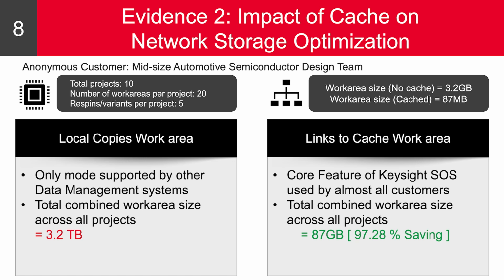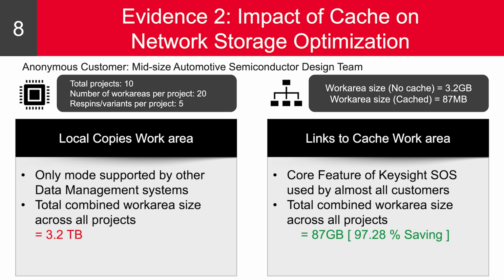This is a mid-size automotive semiconductor design team. It's actually one of our customers in Europe, and this is across this particular design team. They have at any point of time working on 10 projects, and total number of work areas 20 per project, and they have about 5 variants of these projects, right?